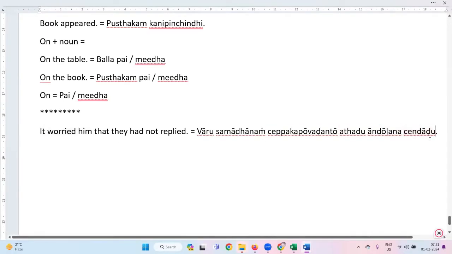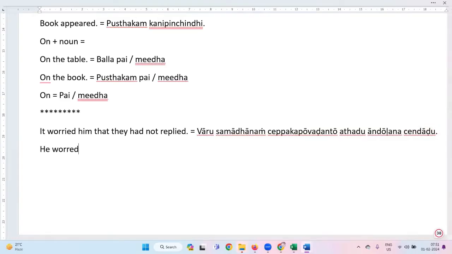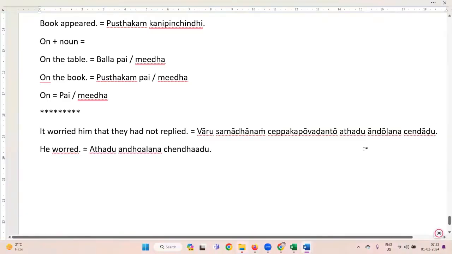He worried, not it worried. Okay, so I will write here, or I will write separately. He worried. అతడు ఆందోళన చెందాడు. This is the meaning of he worried. అతడు ఆందోళన చెందాడు. Okay, but what is the meaning of it worried him? That I will explain now.